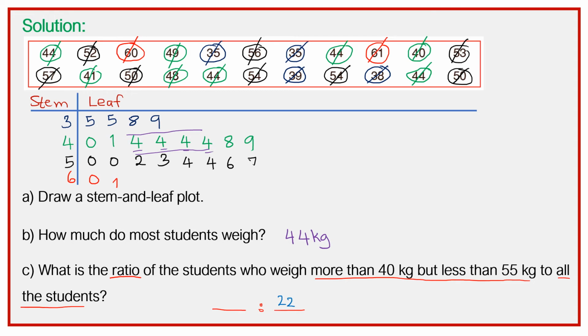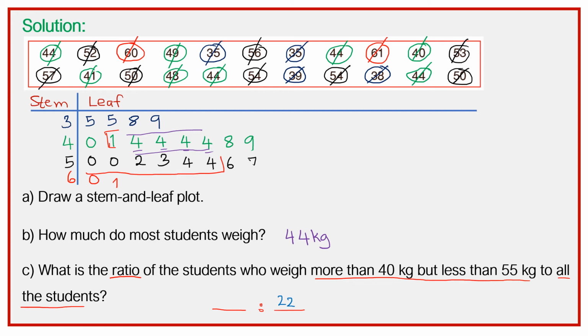So we get back here. This is 40, but we need more than 40. So this means that we do not include 40. We begin from 41. And less than 55. So we stop here at 54.